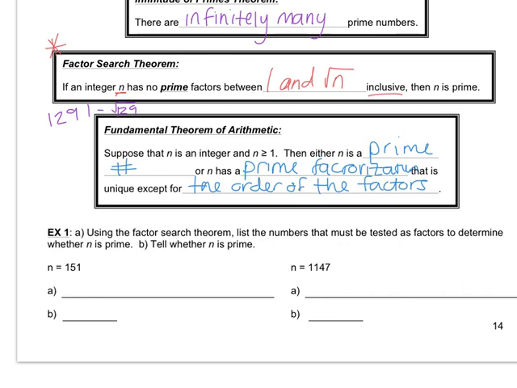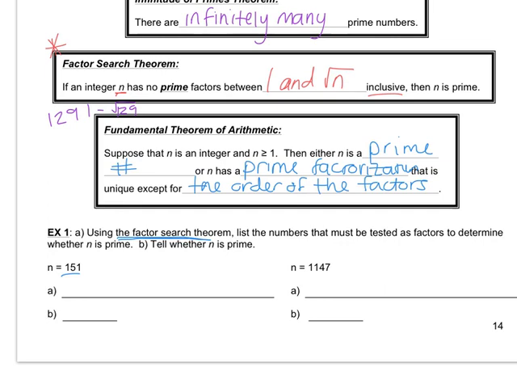So first I want to show you guys how to use the factor search theorem. The factor search theorem, again, says that if an integer has no prime factors between 1 and the square root of itself, then it is a prime number. So, for example, example 1 here, 151, I want to see if 151 is a prime number.